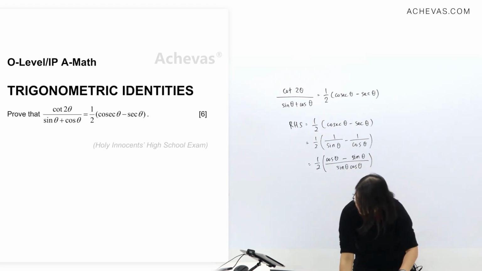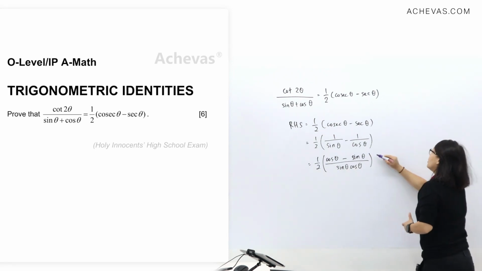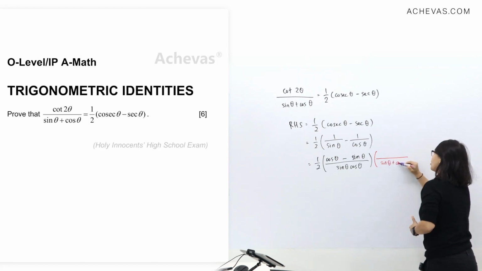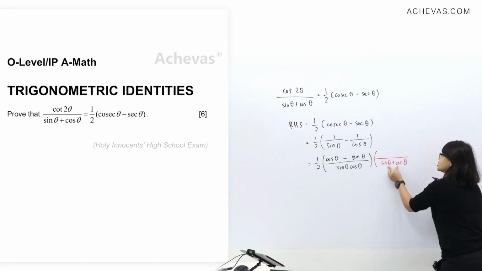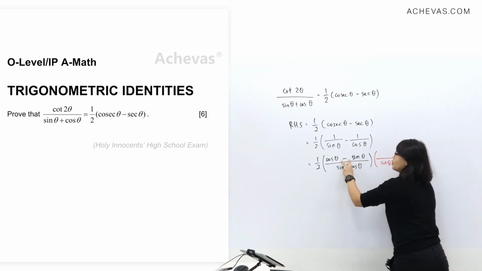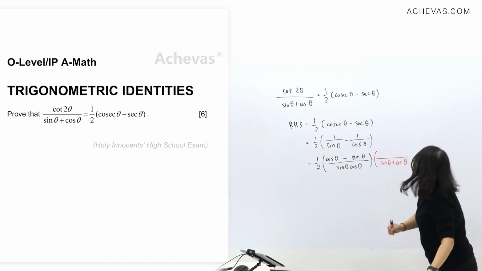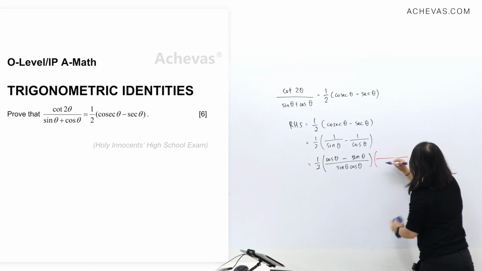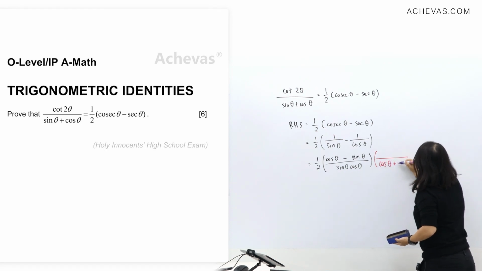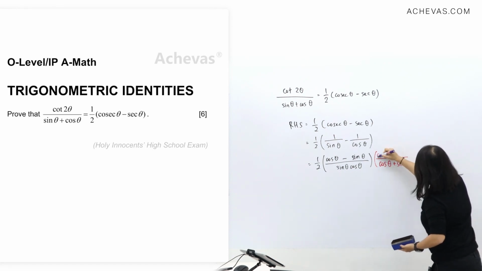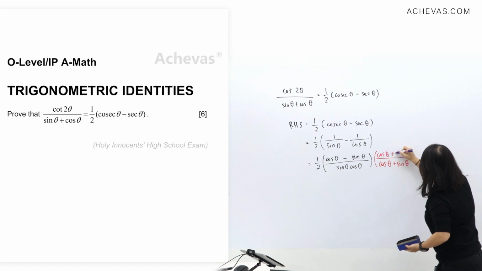So what I will do is multiply by sine theta plus cos theta. And because it's addition, I want it to match with this one, cos theta minus sine theta, so I'm going to write it the opposite way, first as cos theta plus sine theta. So I'll write it the same way on the numerator.